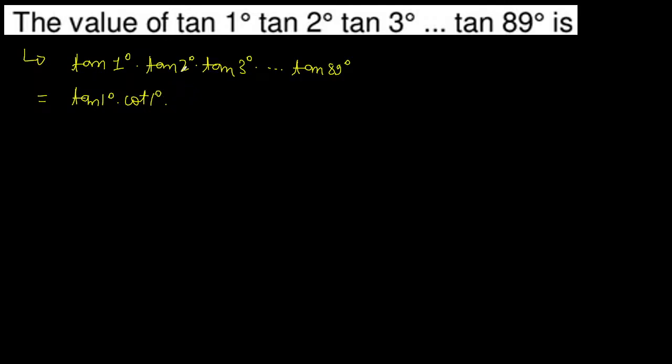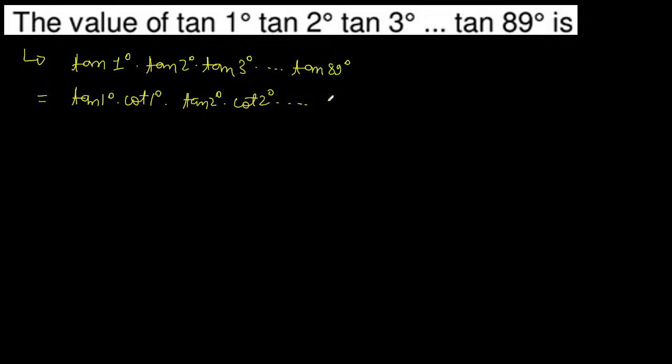In this case, you will consider tan 1 degree, tan 2 degree, tan 3 degree, up to tan 89 degree. If you remember, tan 1 degree will come out to be cot 1 degree. Similarly, tan 2 degree, cot 2 degree.